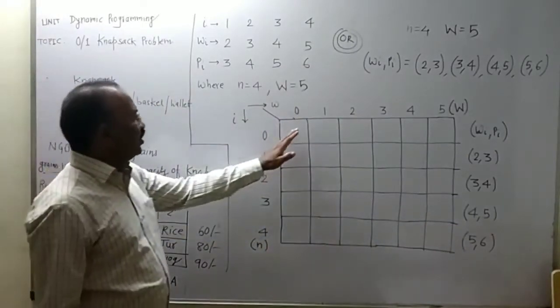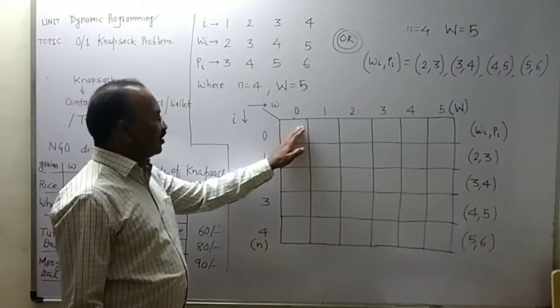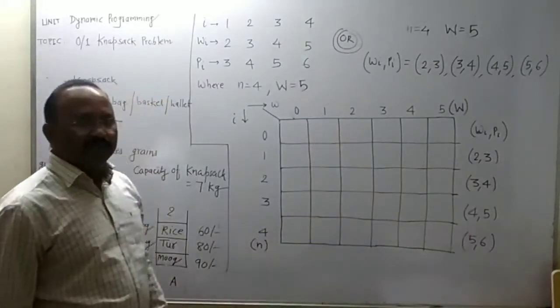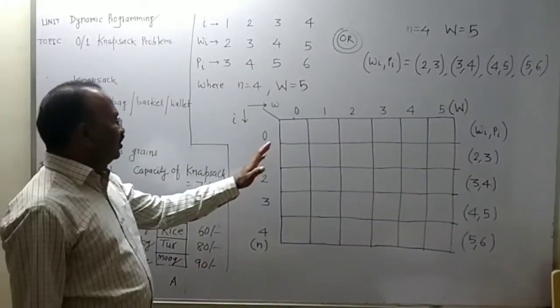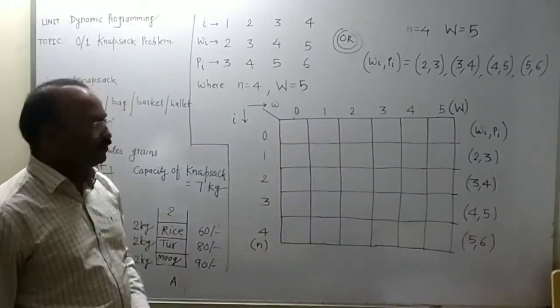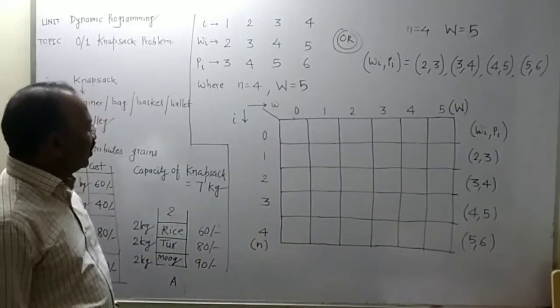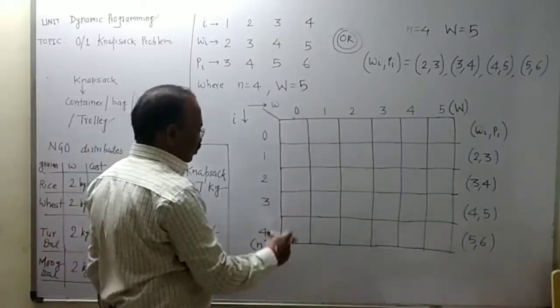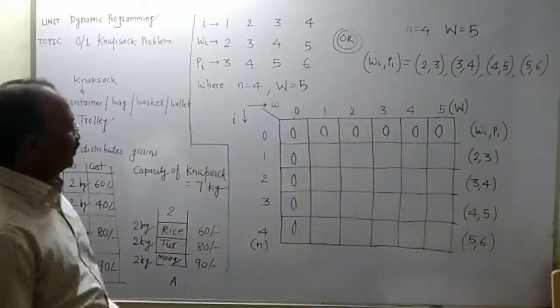So in this way we have to construct the table, then start to fill up the cells row wise. Now first, in the first row and the first column, write 0.